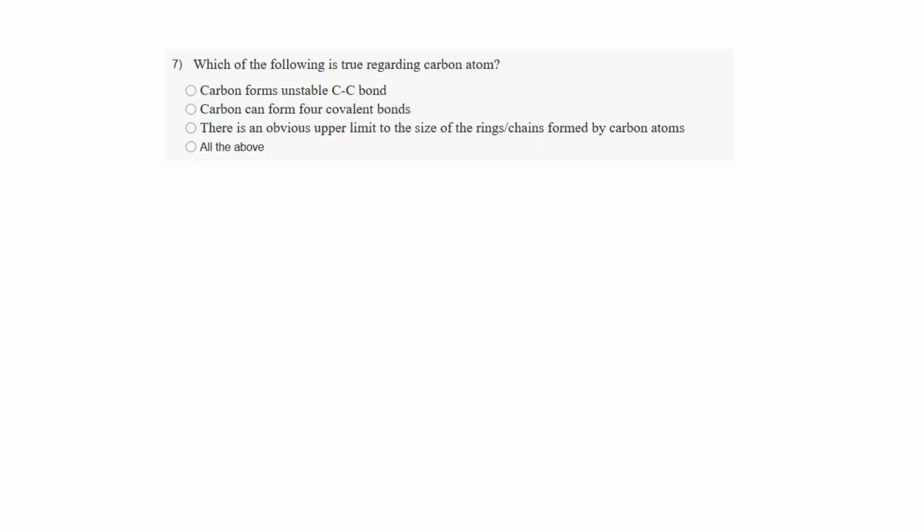So question number 7 is regarding the carbon atom. What is the correct option? Sir, option B. Carbon can form 4 covalent bonds, even in amino acids. Yeah, option B, sir. So what about the third option?